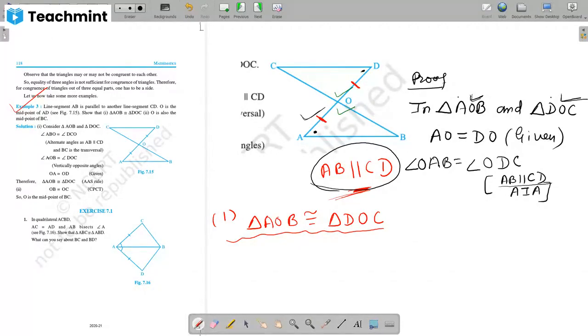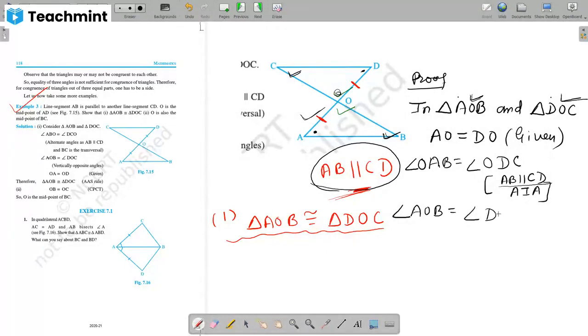So we will write, ma'am, AOB is equal to DOC. Okay, you are saying this angle. Okay. Which two angles? AOB and DOC.